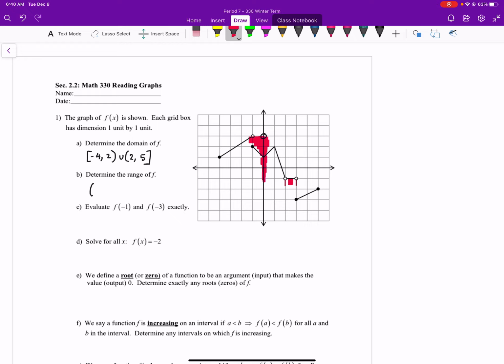But after that, the graph ceases to exist anymore. In between here, there is no graph. There is no graph over there. So I have to break this up and write the range as going from 3, comma, all the way to -1, inclusive, because that line exists over there.